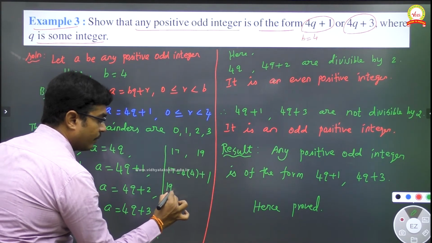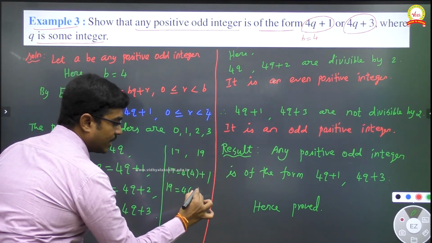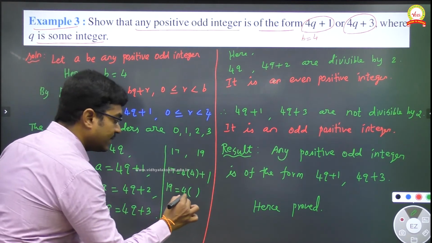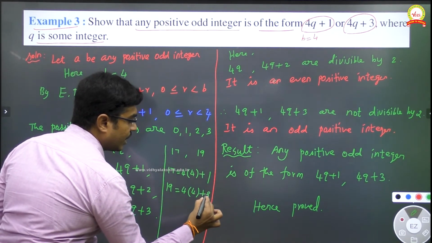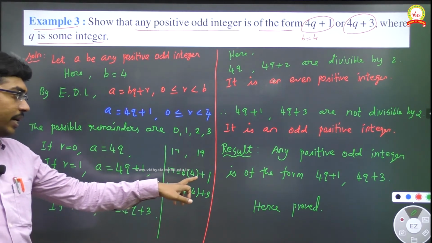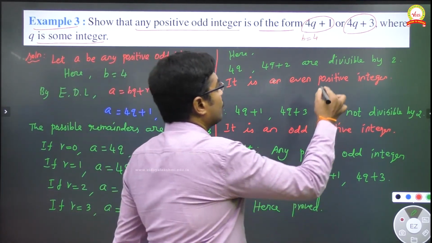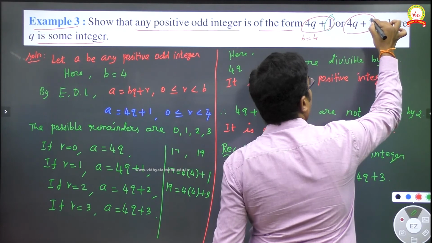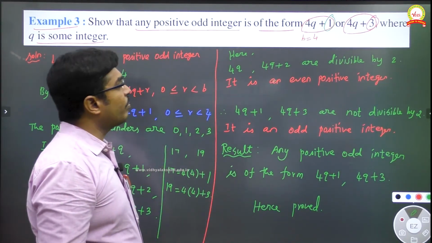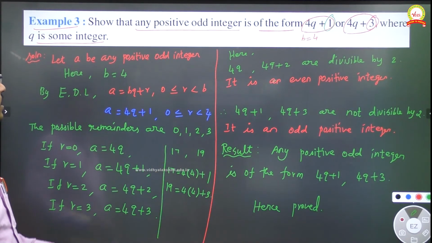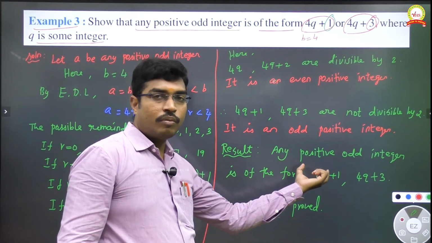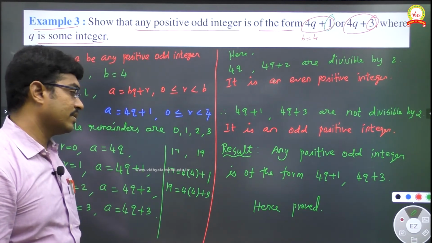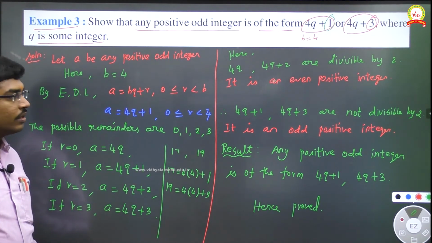Next 19, 4 is the divisor, 4 fours are 16. So, 19 minus 16, the remainder is 3. So, see the remainders 1 and 3. So, see the question, 4q plus 1, 4q plus 3. You take any positive odd integer, my dear students, is it a very clear result? Any positive odd integer is of the form 4q plus 1, 4q plus 3, hence verified.